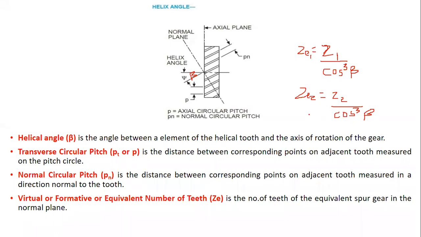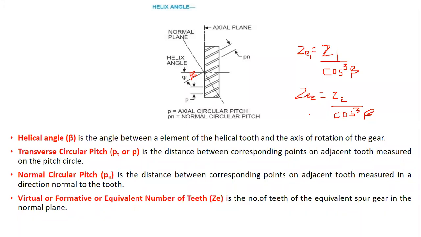And if we talk about the design procedure of the helical gear, the design procedure is the same as that of the spur gear. Almost 80% is the same. That's why I will not give the procedure directly.